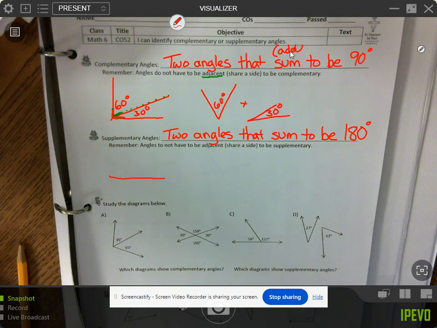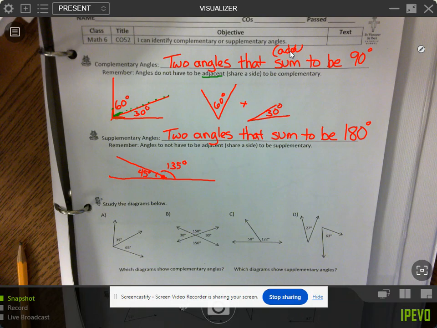So we have that straight angle, and we have two angles together. So let's call this one 45 degrees. So then this big one would be 135 degrees. They would be supplementary. We add the two angles together and we get that straight angle of 180 degrees.